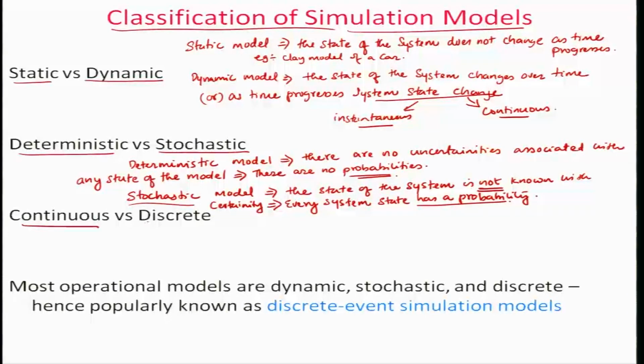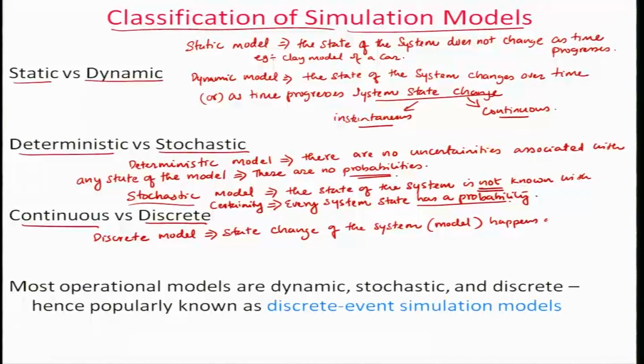Then the third one is continuous versus discrete. We have already discussed this. A discrete model implies the state change of the system, which is also applicable to the model, happens only at discrete time instances.